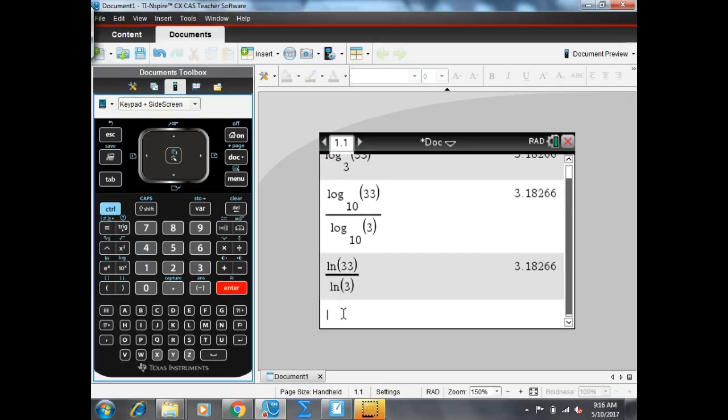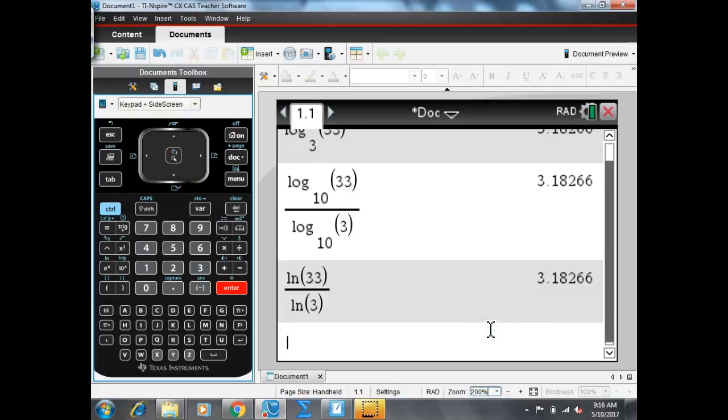And in either one of those, I get 3.813, is what I would call that there.